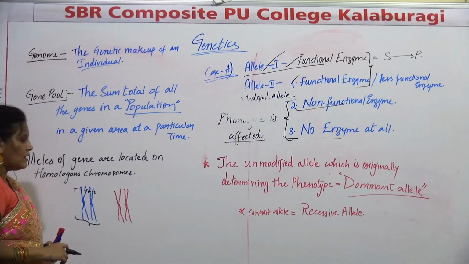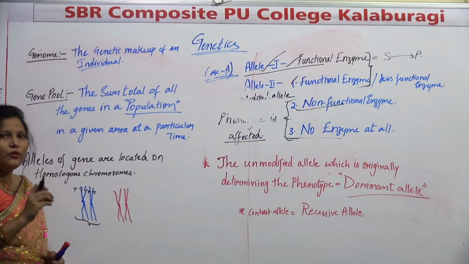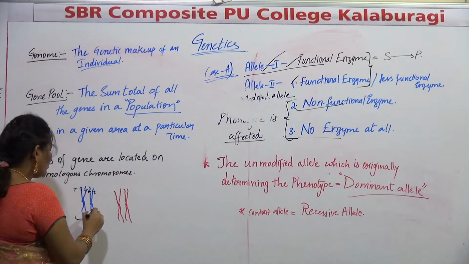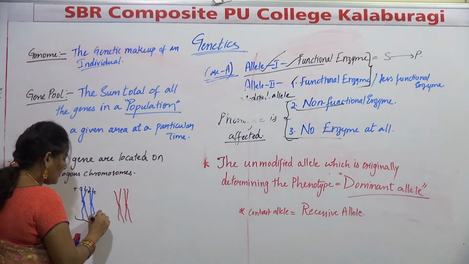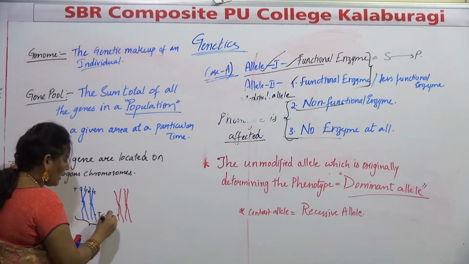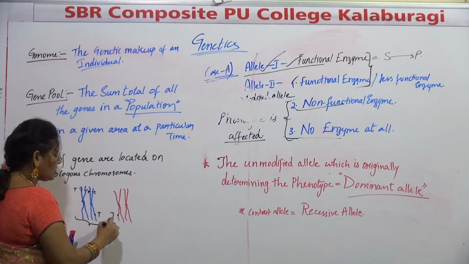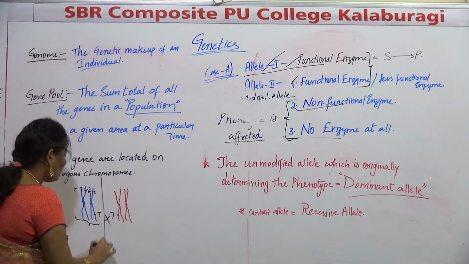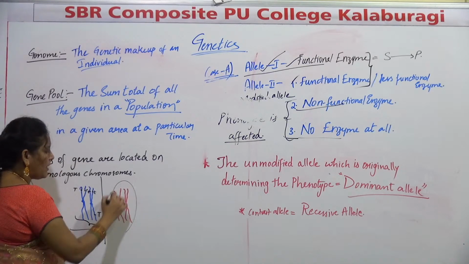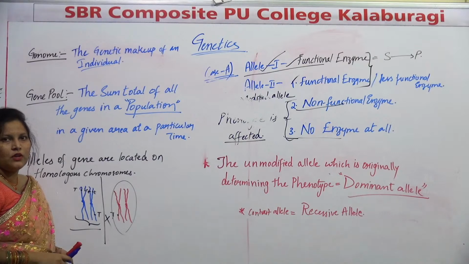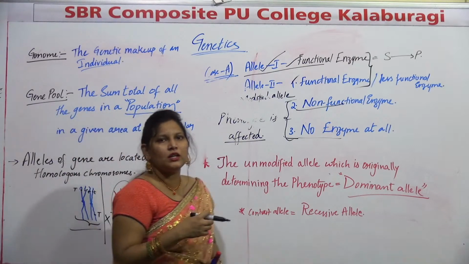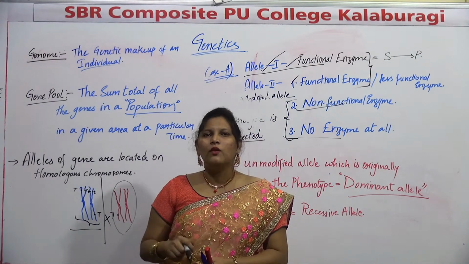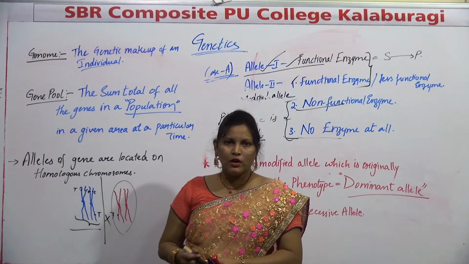Never will an allele be located on two different chromosomes. Say, for example, if capital T is here, one more capital T here, this condition does not exist. Is that clear? So always the alleles of a gene are located on homologous chromosomes, but not on non-homologous chromosomes.